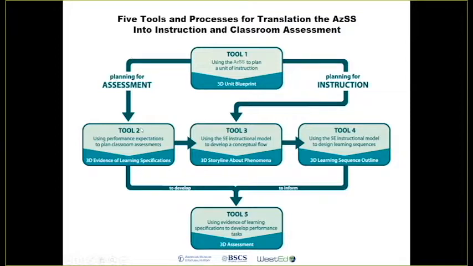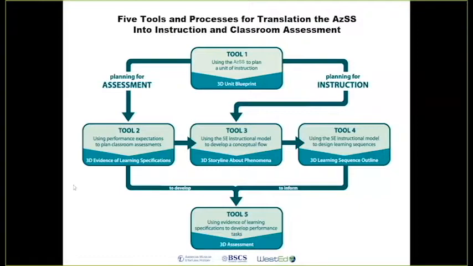But today we are going to focus on Tool 2, and that is where we are going to use the evidence of learning specifications to sort of backwards plan our unit. So in Tool 1, we created a blueprint. We have organized our standards. We know the order we want to teach them in. We understand what science and engineering practices we need to teach that standard, as well as the cross-cutting concepts, and we know the lens or the focus of the using science.